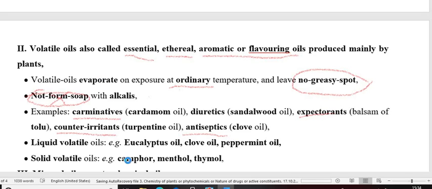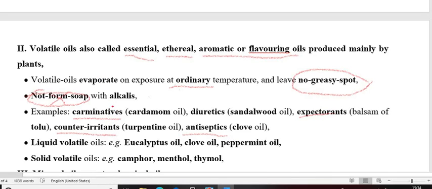As we already discussed earlier, carminative, laxative, diuretics. So what are diuretics? Diuretics are agents that help to pass out urine. Sandalwood oil is used as a diuretic. Next is the expectorant.